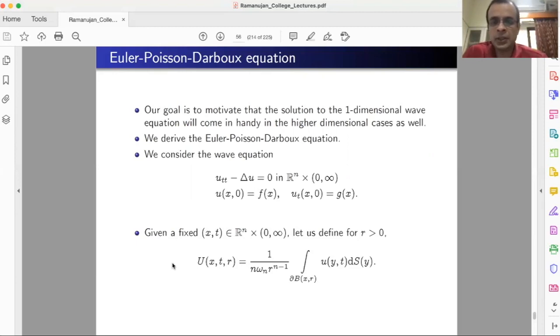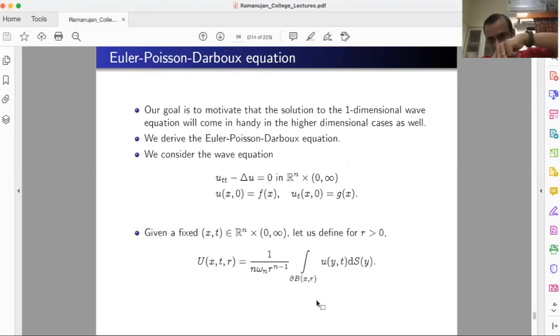I have a picture in the next slide. What I want to consider is a spherical average, which we actually considered already in the context of the Laplace equation. Given this (x, t), you go down to the base t equal to 0, and consider the corresponding point (x, 0).